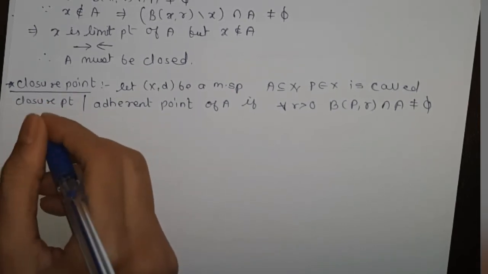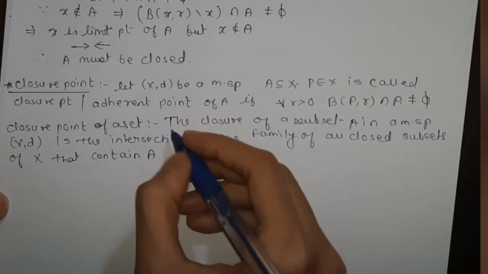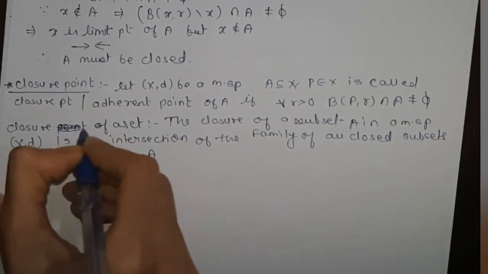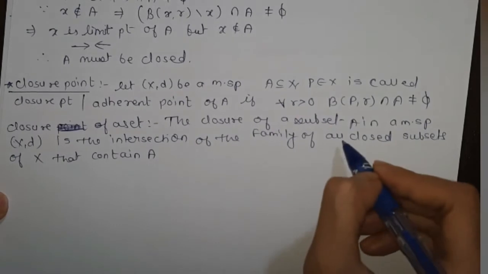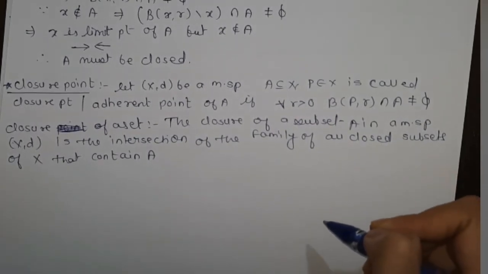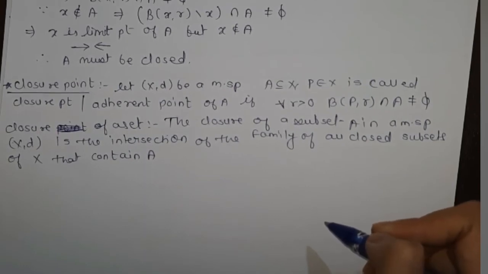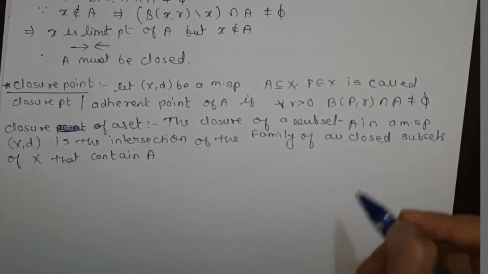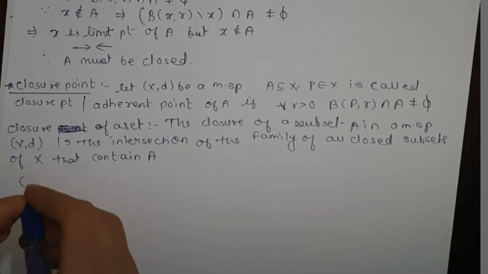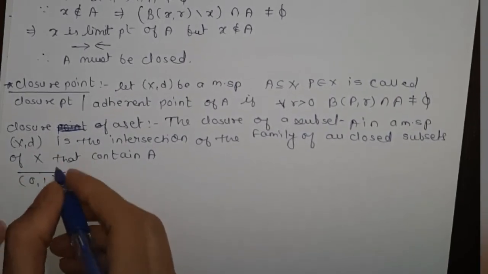Now, what is the closure of a set? The closure of a subset A in a metric space (X, d) is the intersection of the family of all closed subsets of X that contain A. So we will see an example. What is the closure of the open interval (0, 1)?